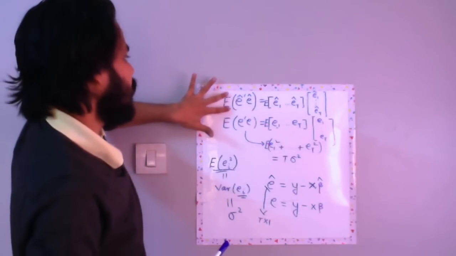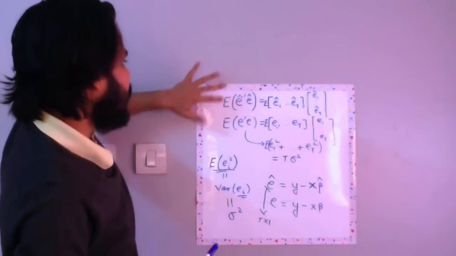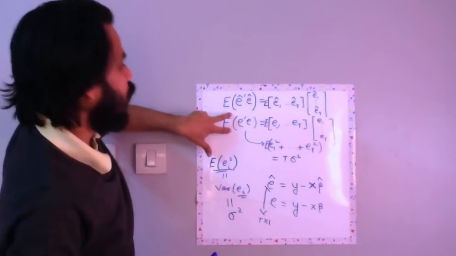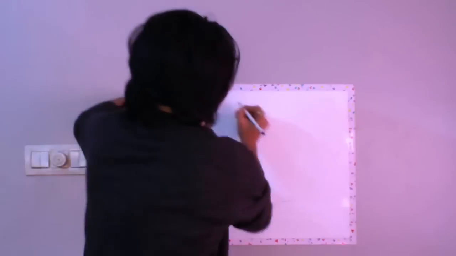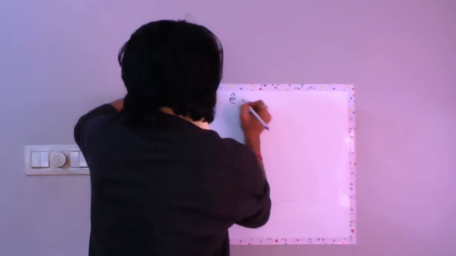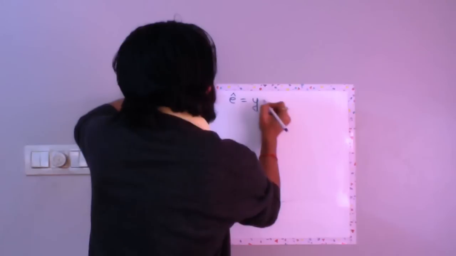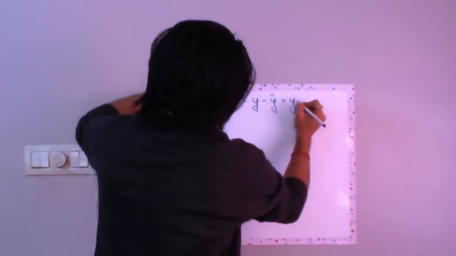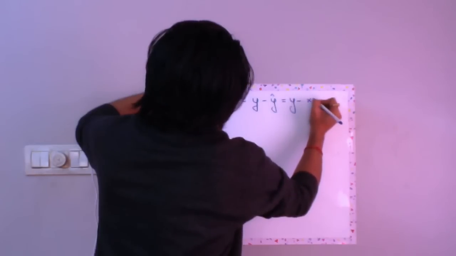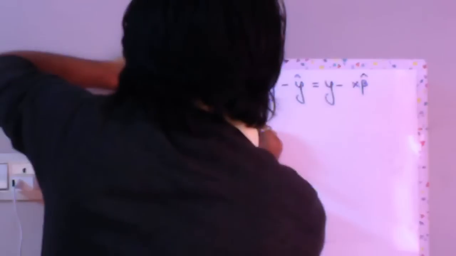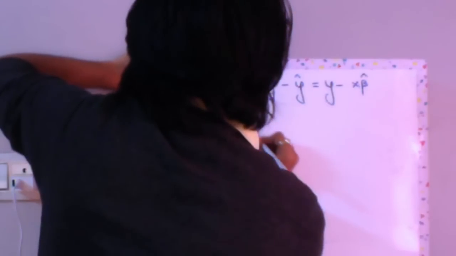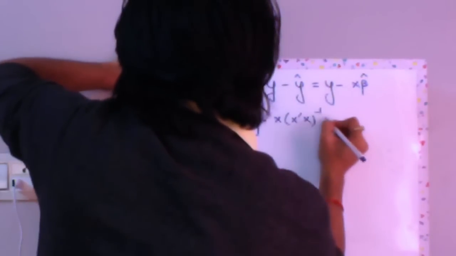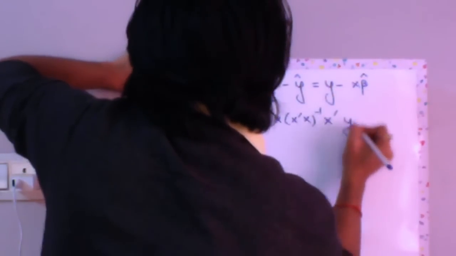So now we know that the expectation of e transpose e is t sigma square, but we do not know this expectation. The idea here is we need to get this expectation because we do not measure sigma square. Again, repeating myself, e hat is your y minus y hat, which is equal to y minus x beta hat, which is equal to y minus x times x transpose x inverse x transpose y.